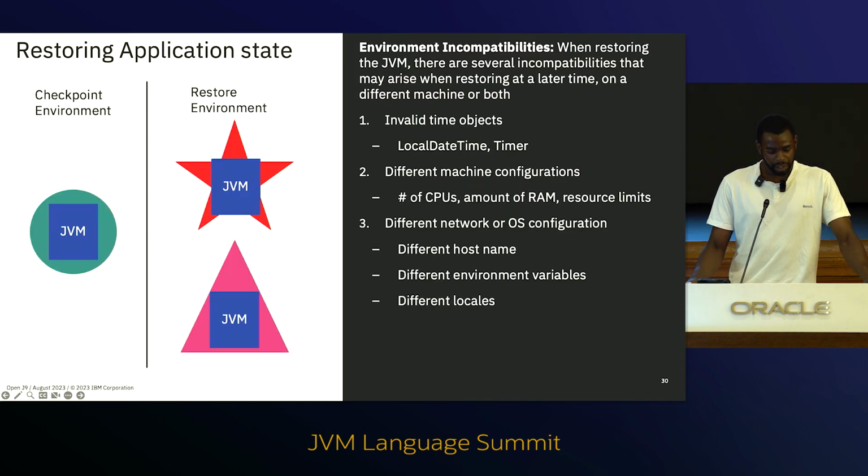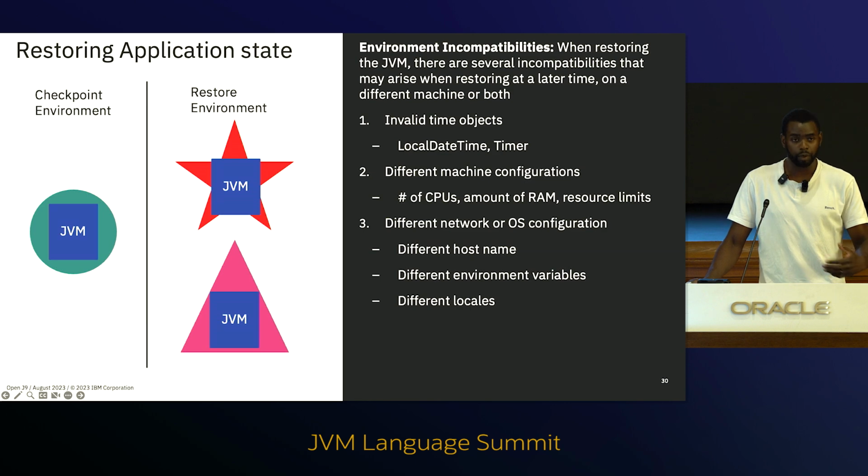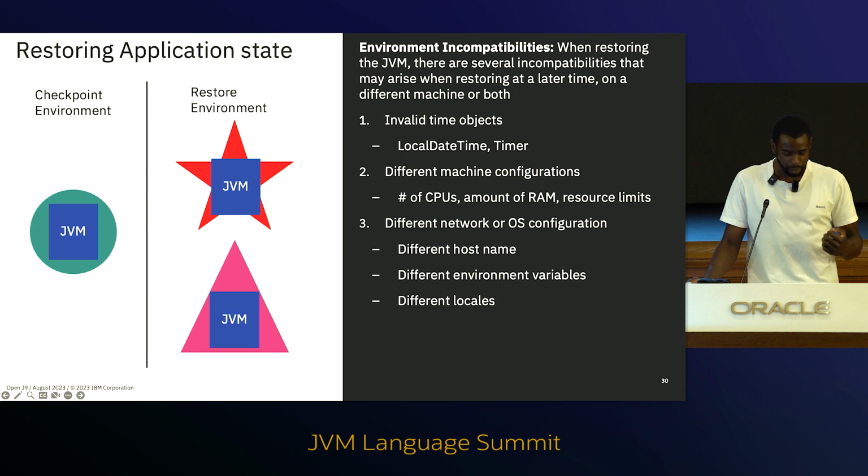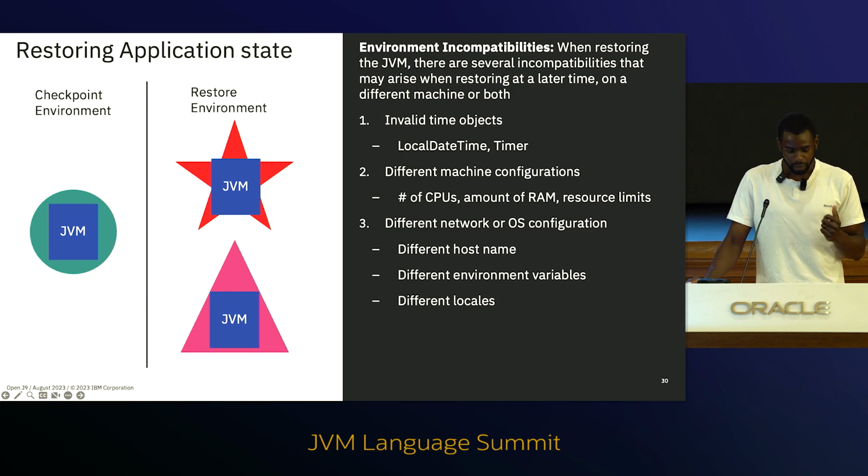So CRIU lets you take a checkpoint and restore it on the same machine or on a different machine. And most likely it's going to be on a different machine because you're going to be deploying this somewhere else. So this is a very powerful tool, but there are consequences associated with this approach. The main consequence is that the environment in which the checkpoint is taken most likely won't exactly match the environment that the JVM is restored in.